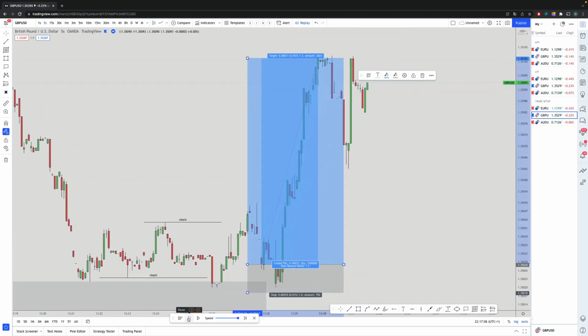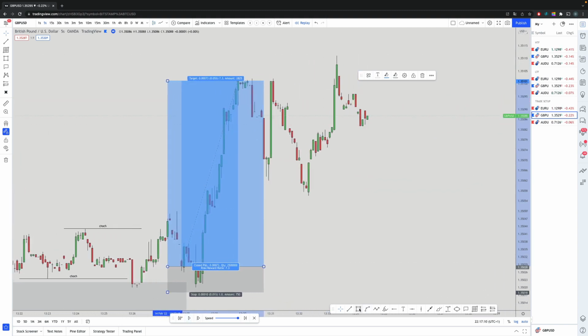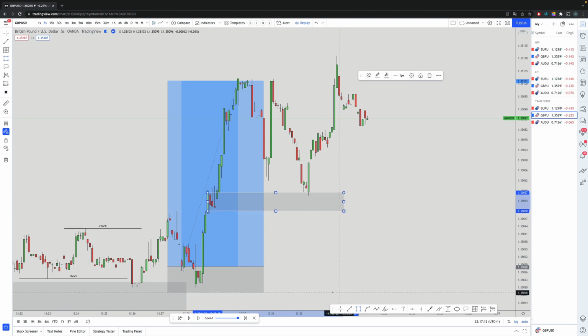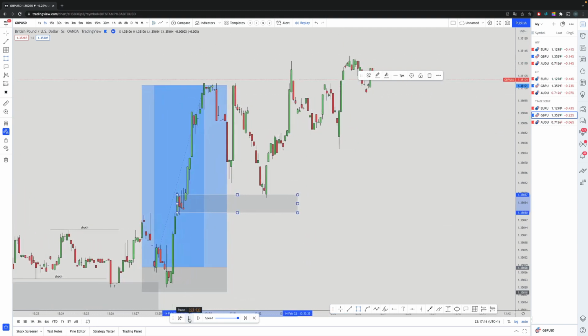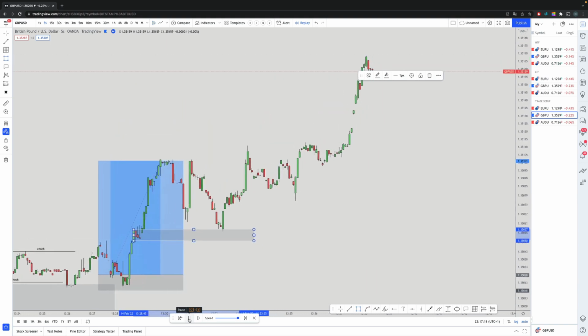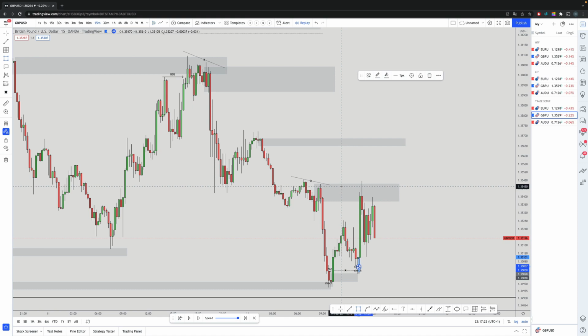Crazy. It really just gave us afterwards a small move down, as you can see here, liquidity and a new demand zone, and it started to mitigate all the things all the way back up. So my close was pretty obvious. Just here at the start of the supply zone, I was already pretty happy because I got my 35 risk reward at that moment, so I just closed it.